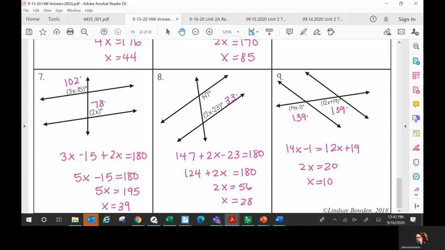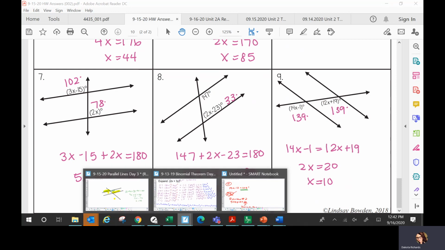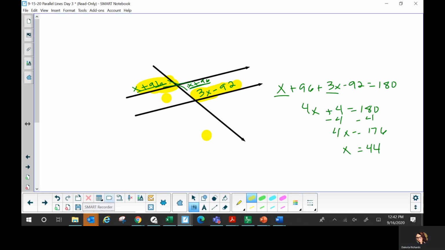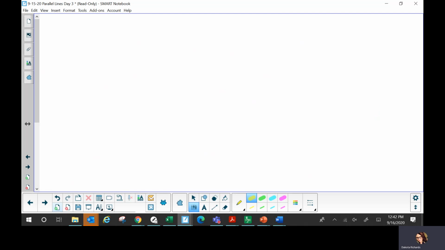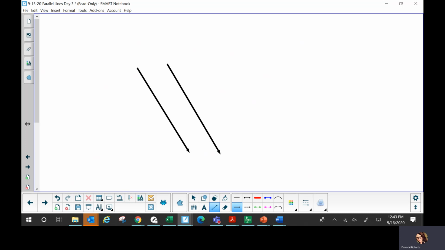So these would be 147 and 2x minus 3 are going to be same side interior. So let's make that picture. I'm going to do the same thing. Hold on. So we had, right?